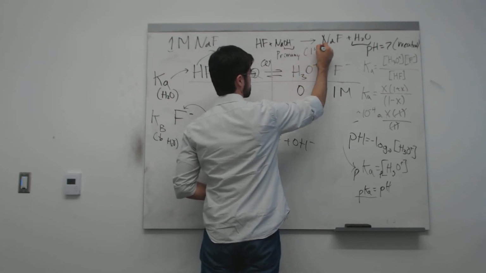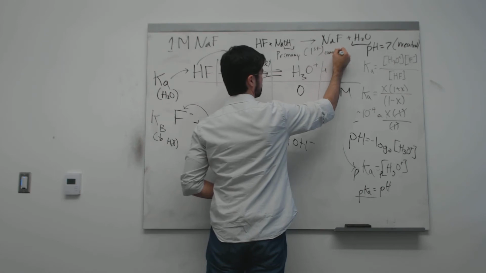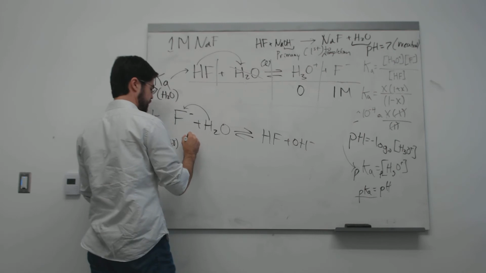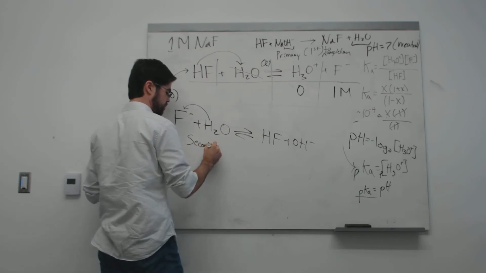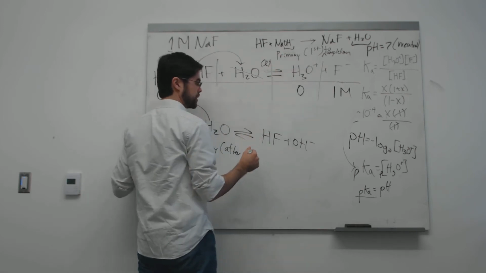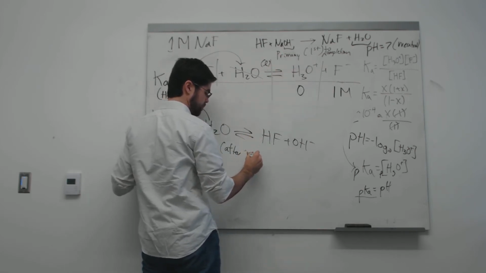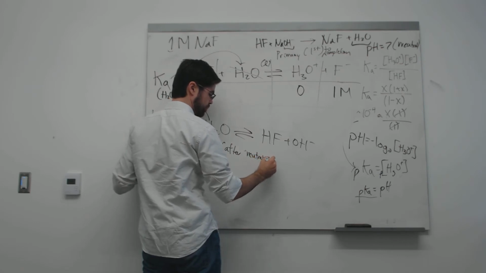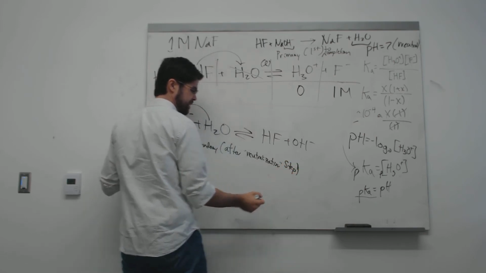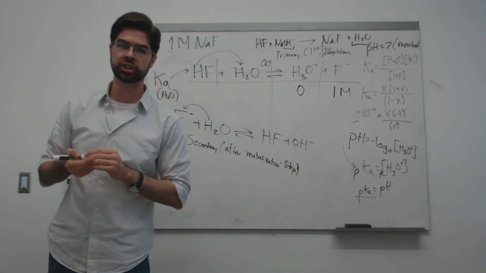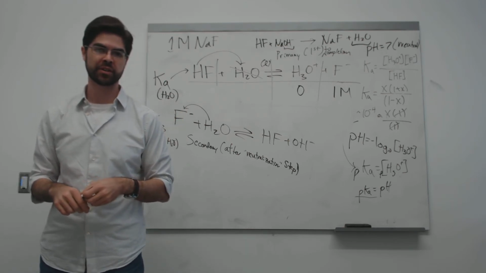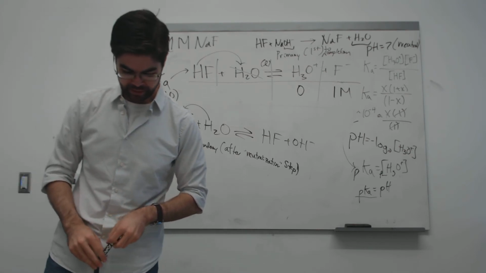meaning it happens first, it goes to completion. This is a secondary reaction that occurs in the solution and reaches equilibrium after the first acid-base neutralization reaction has taken place.